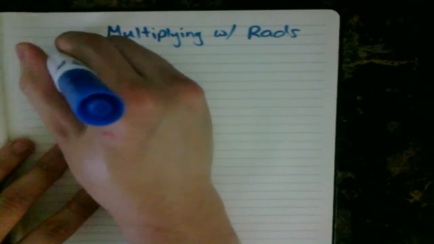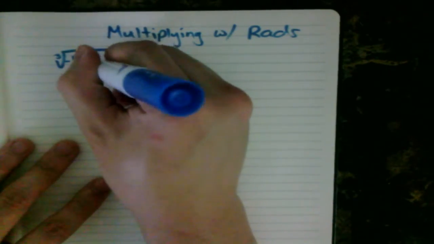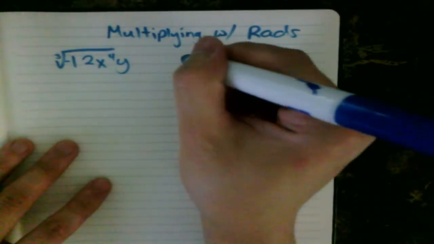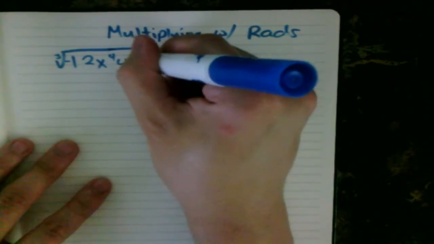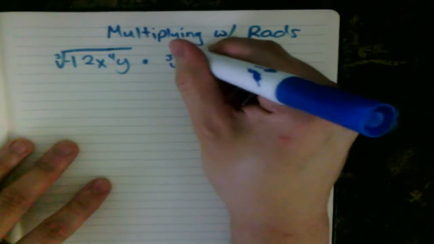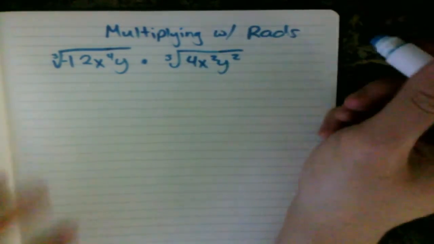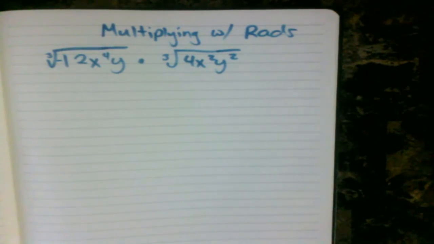Cubed root of negative 12 x to the 4th y times the cubed root of 4x squared y squared. I guess the one big rule that you have to know about these is that when you're multiplying radicals like this, make sure your indices are the same.